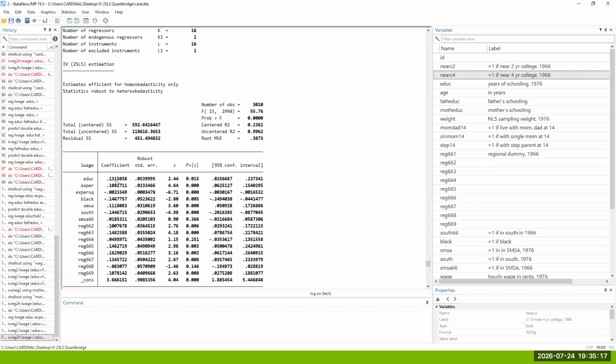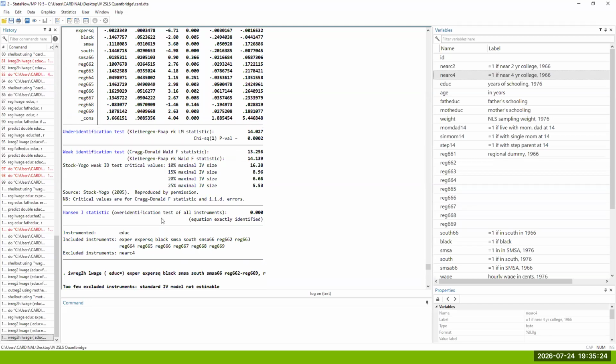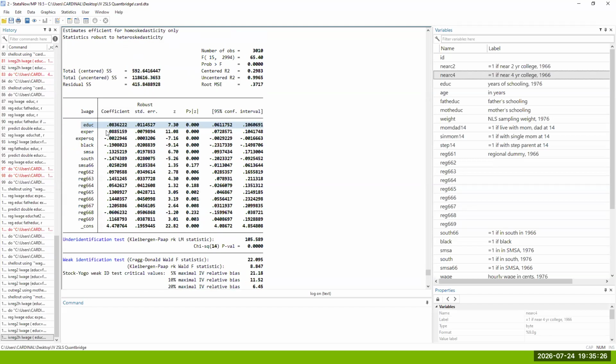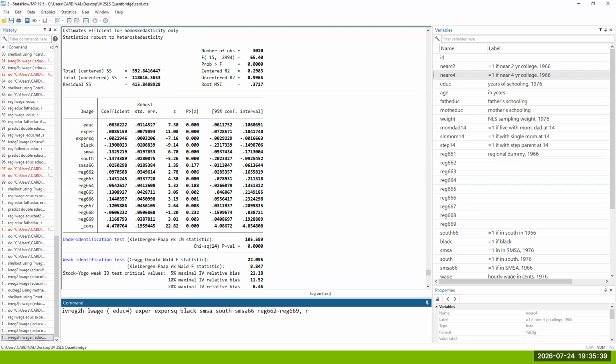This is 0.131, which is bigger than that of the OLS, which was 0.07. This is also bigger than the OLS, but it is 0.083. But the consistency is clear. Let me click on this and now introduce the external instrument.